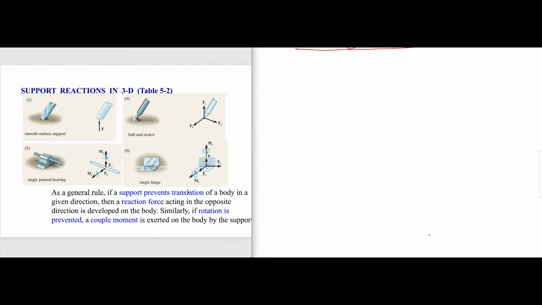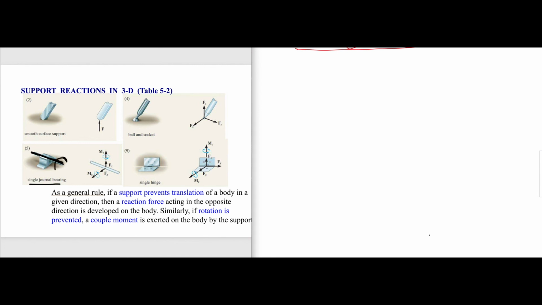If you look at this, there is a smooth surface support. How do you represent this? Because this is touching a surface, you draw a normal reaction force that is perpendicular to the surface. What about this journal bearing? Like I said, if I say single journal bearing or smooth journal bearing, it is free to translate in that direction.